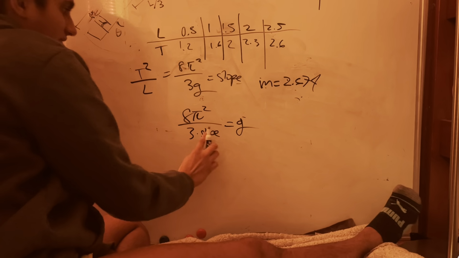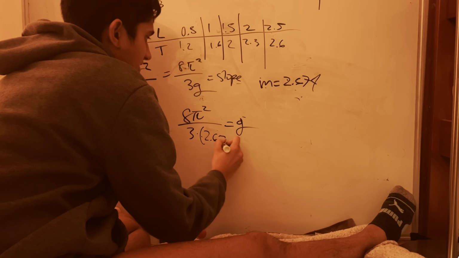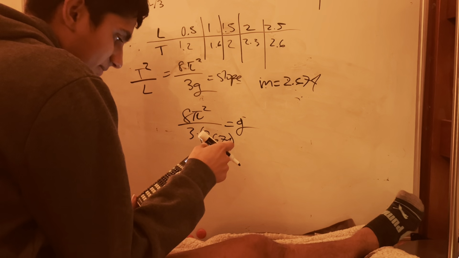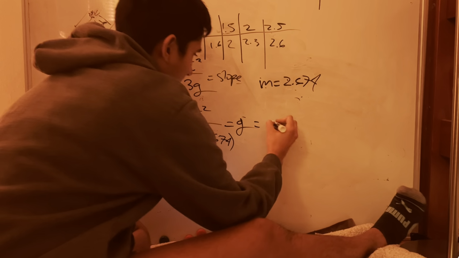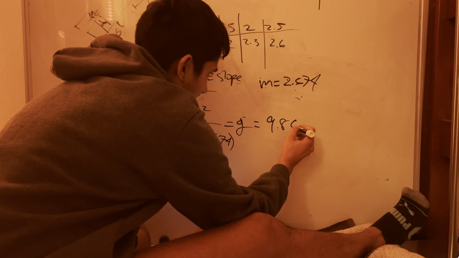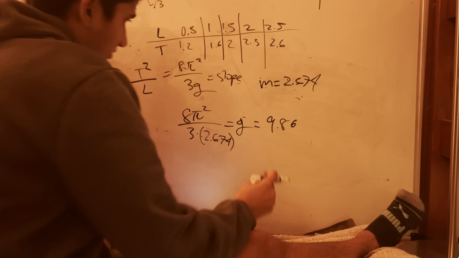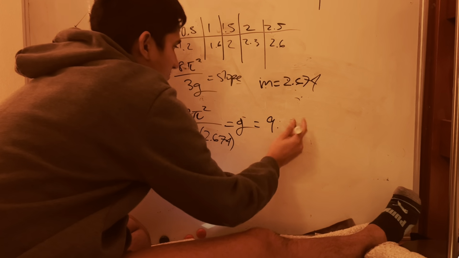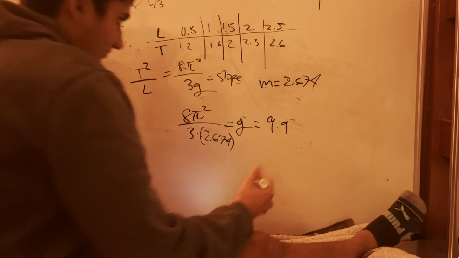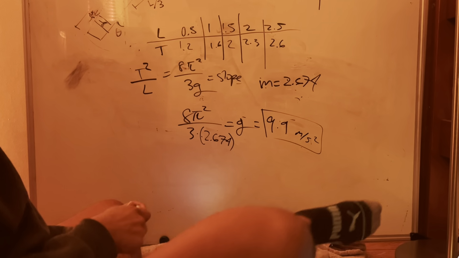So instead of slope, we're going to replace it with 2.674, and I plugged that in ahead of time, and this means that g is calculated to be 9.86. But with the proper number of sig figs, it should be 9.9 meters per second squared.